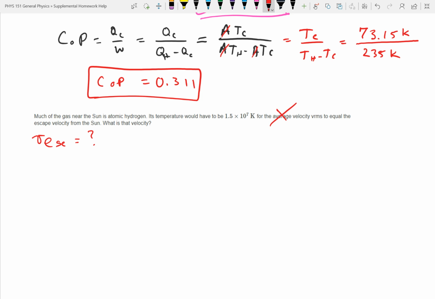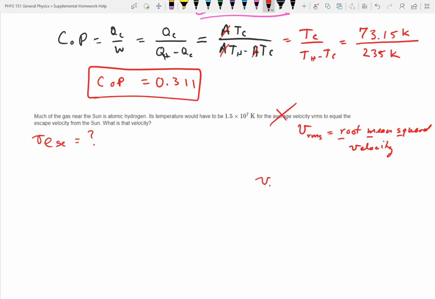Was what? RMS? Okay. The RMS, that is the root mean squared velocity. So what you're doing is you're taking all of the atoms and you're saying, let's first square it.